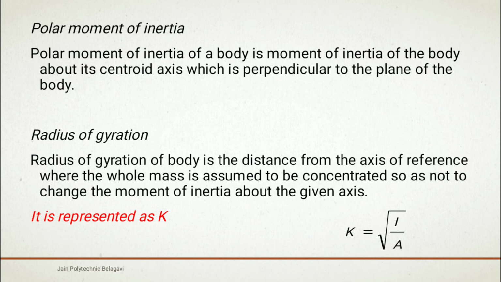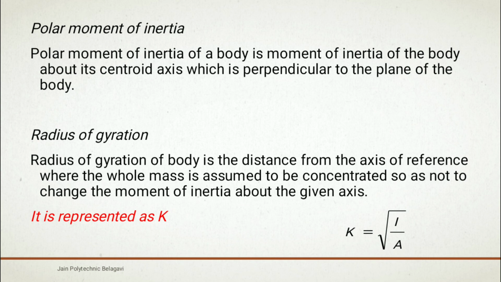The word polar is added to the moment of inertia. So the polar moment of inertia of a body is the moment of inertia of the body about its centroidal axis, which is perpendicular to the plane of the body. Very easy, right? It is normally indicated by the capital letter J.